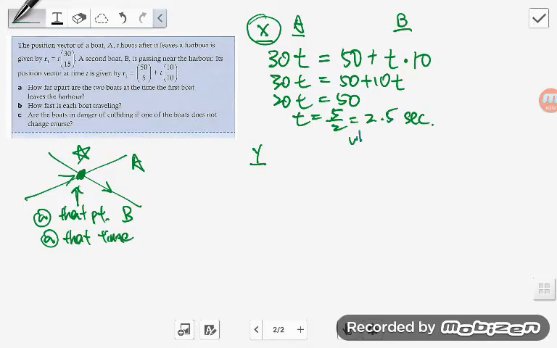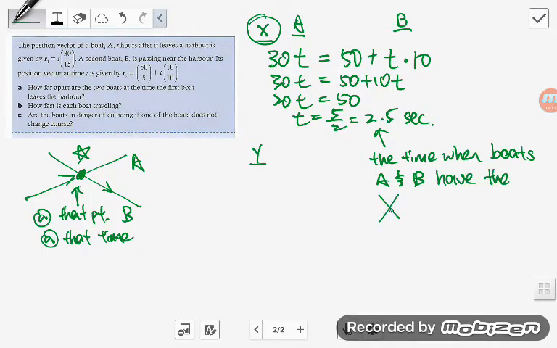So this is the time when boats A and B have the same X component. Okay? So we're sort of focusing on this right now with respect to the time.